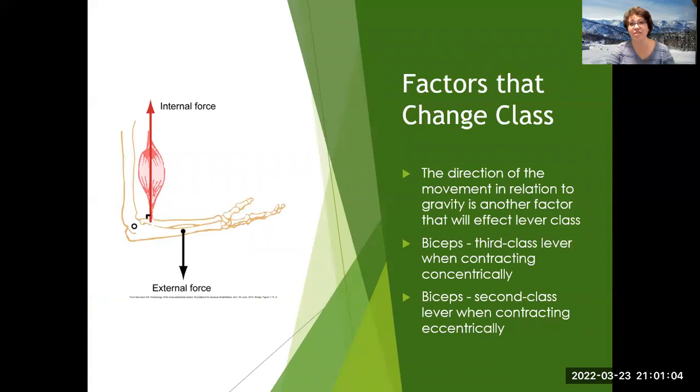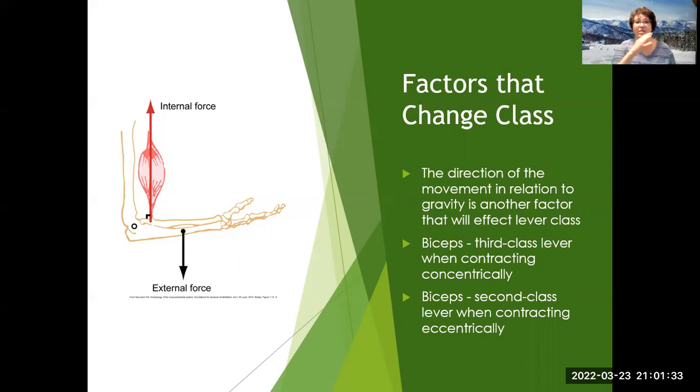The factors that change lever class: the direction of movement in relation to gravity is another factor that can affect lever class. So the biceps is a third class lever when it's contracting concentrically with axis, force, and resistance. It's a second class lever when contracting eccentrically because the external force becomes the force and the biceps becomes the resistance to the movement.